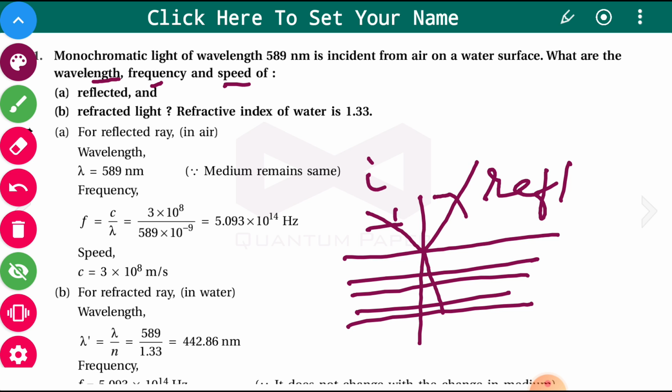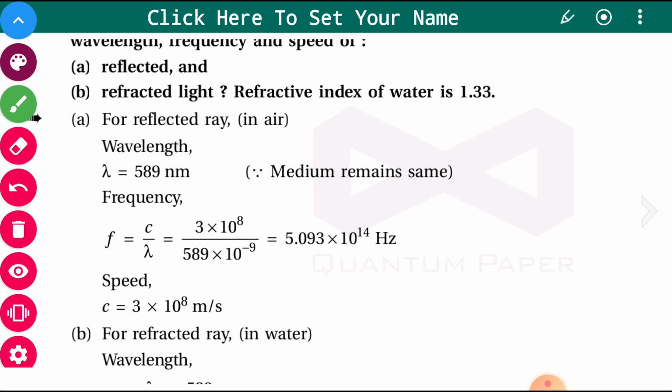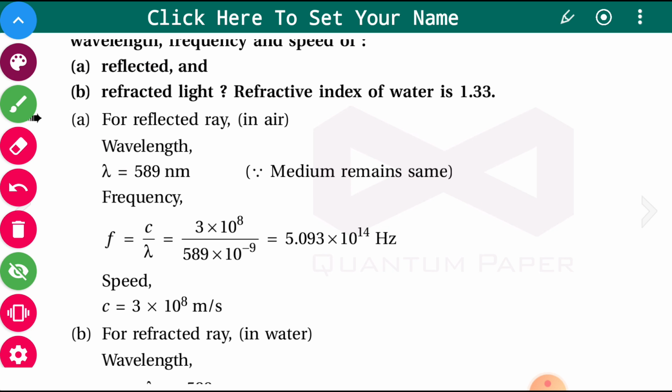Now it is calculated in two parts. First is for the reflected light, that is in air, in the same medium where the light is reflected. So wavelength lambda is given, 589 nanometer.